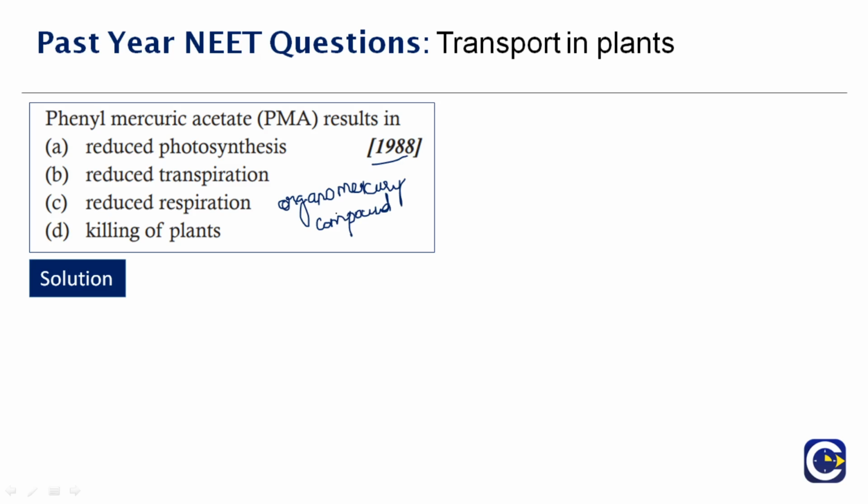As I said, phenyl mercuric acetate is an anti-transpirant. Anti-transpirants are the compounds which are applied to leaves to reduce their transpiration rate without affecting their gaseous exchange. So it prevents transpiration.